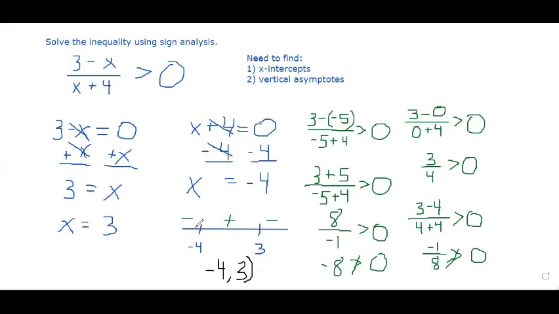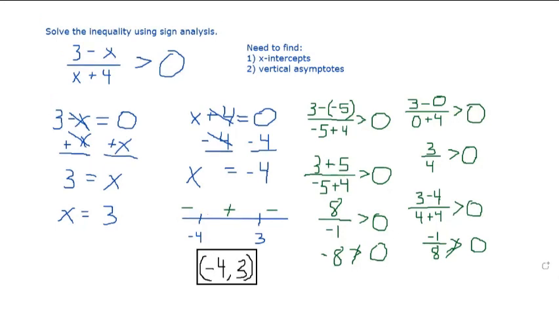Now at the -4, this is actually the x value of the vertical asymptote, and we never include the x value of the vertical asymptote. So this is going to be a parenthesis by default. So now we have our interval notation.